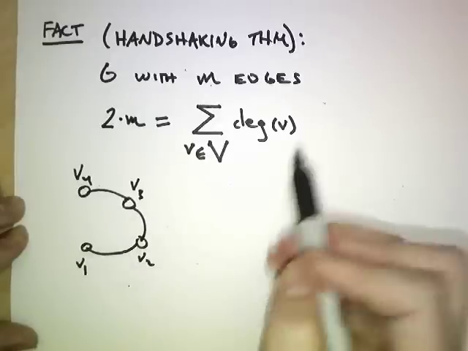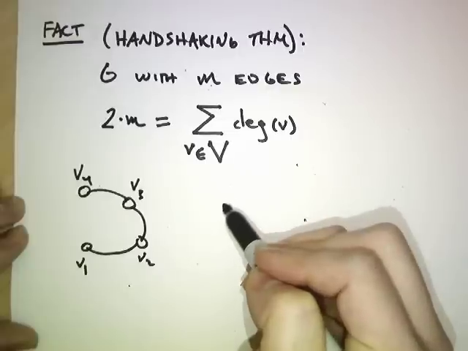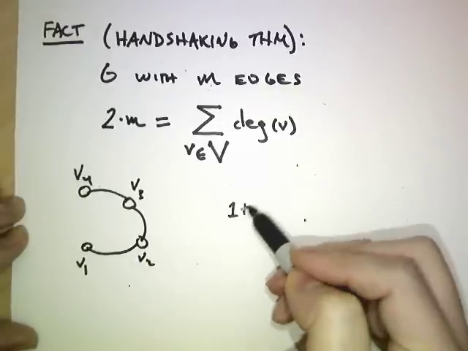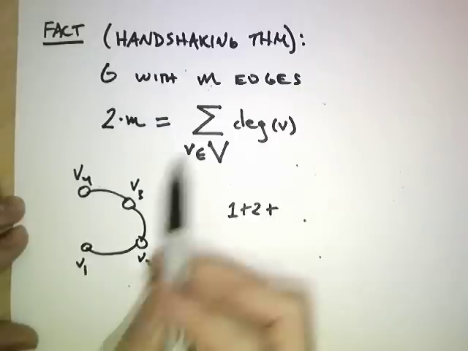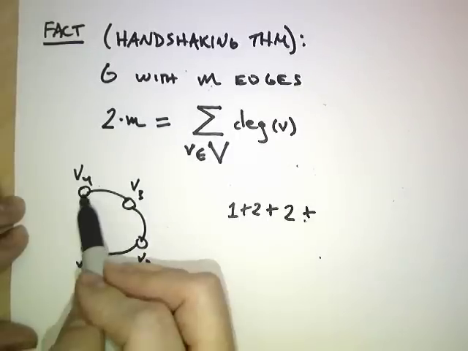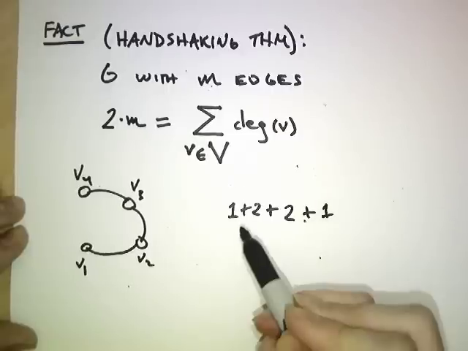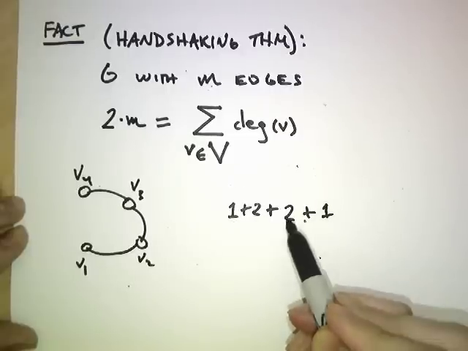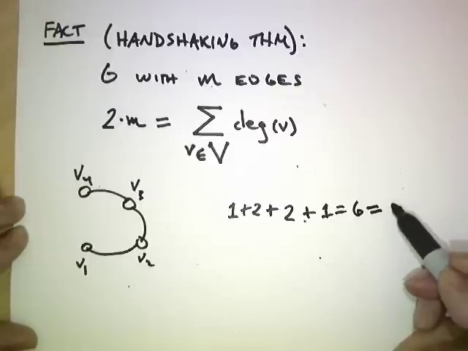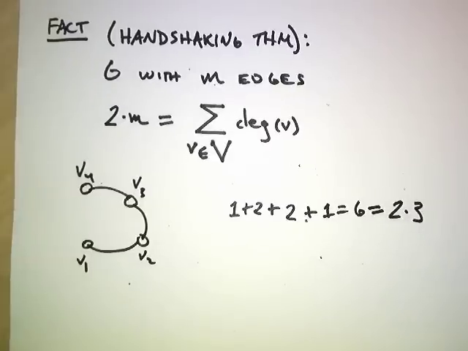The degree of V1, what is it? It's 1. The degree of V2, it's 2. The degree of V3, again, it's 2. And the degree of V4, it's 1. You'll see it's 1 plus 2 is 3, plus 2 is 5, plus 1 is 6. And this does equal 2 times the number of edges in the graph.